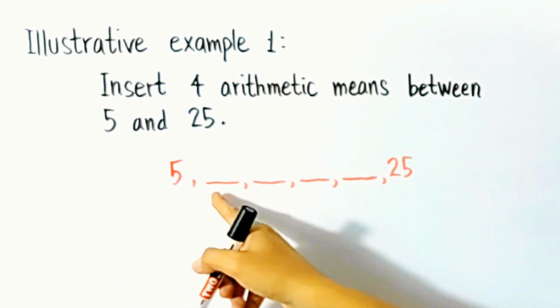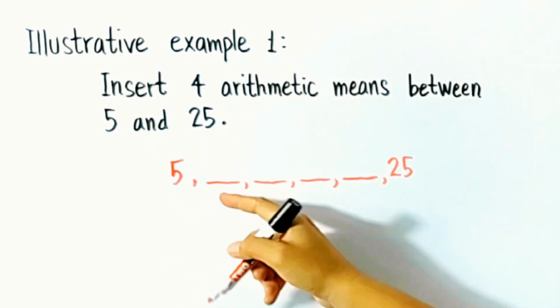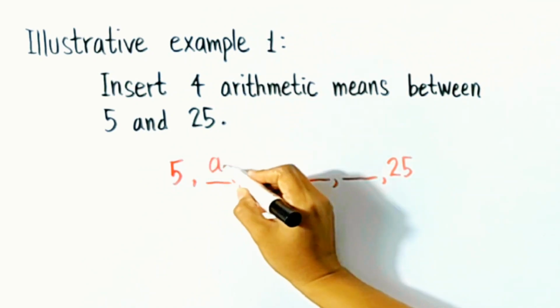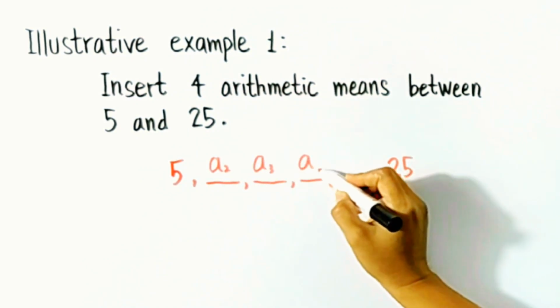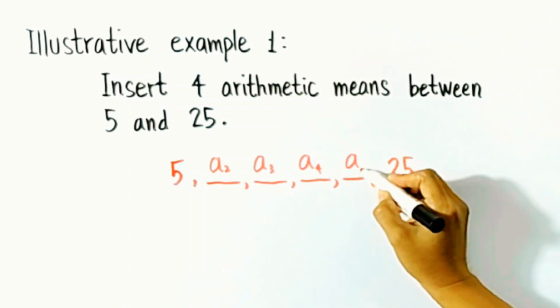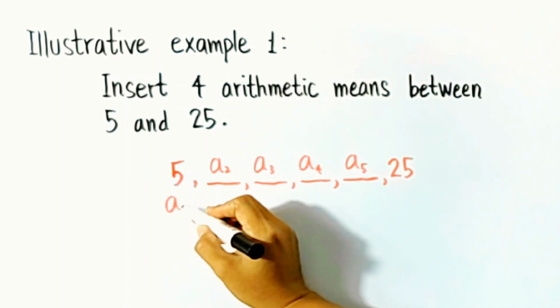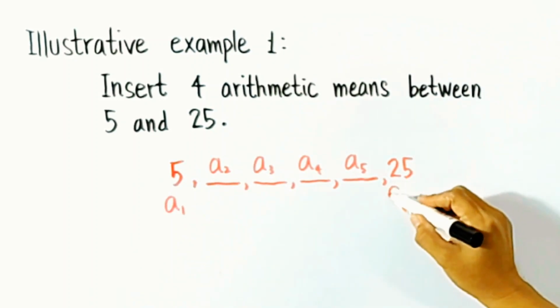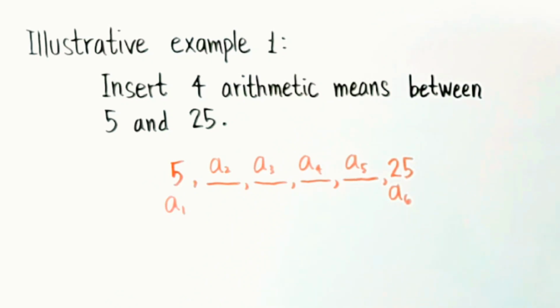We have 6 terms. The second term is a sub 2, the third term is a sub 3, the fourth term is a sub 4, and this is a sub 5. This 5 is considered the first term, and this 25 is considered the last term, or a sub 6.